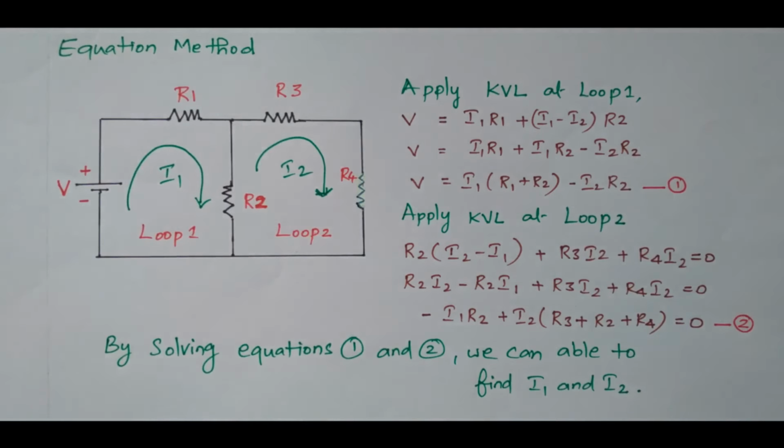In this problem, only two loops are available, two currents are there, so we framed two equations. Now the same problem we will see with the matrix method, and how to frame the matrix.